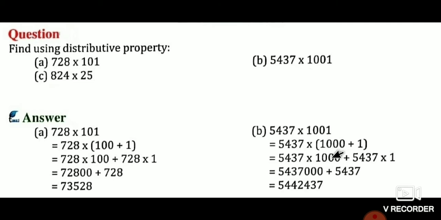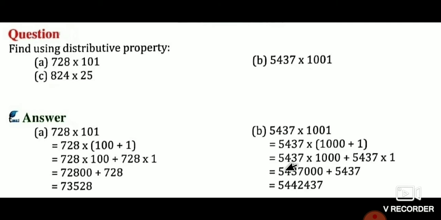In 5,437 into 1,000, 3 zeros are there. So write 3 zeros as it is. Then the remaining part is 5,437 into 1. Any number multiplied with 1 gives the same number.